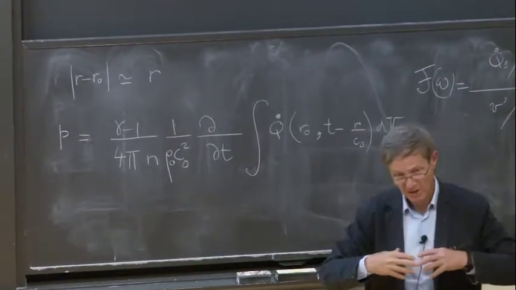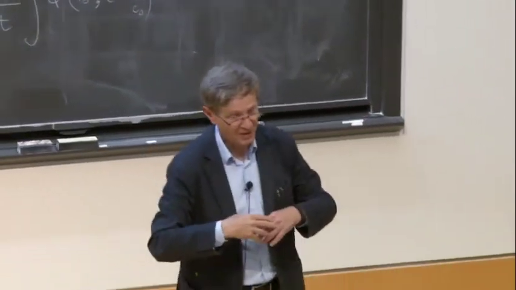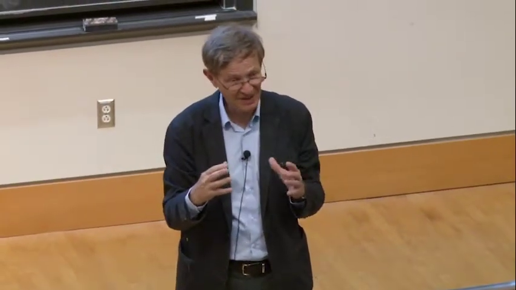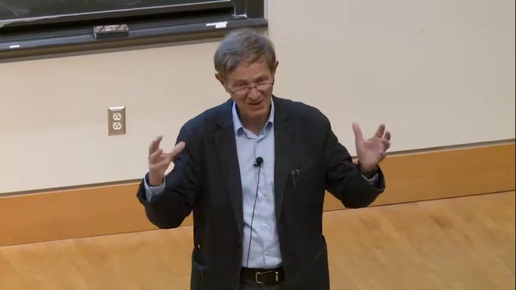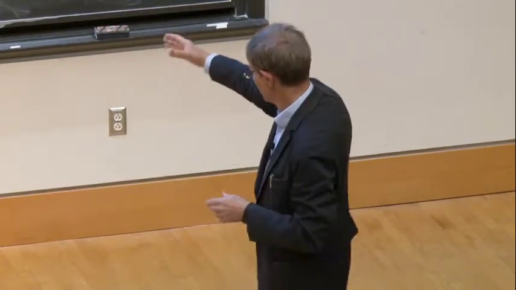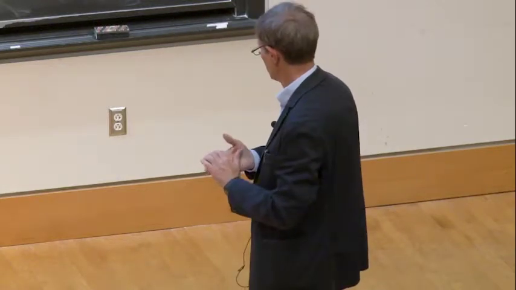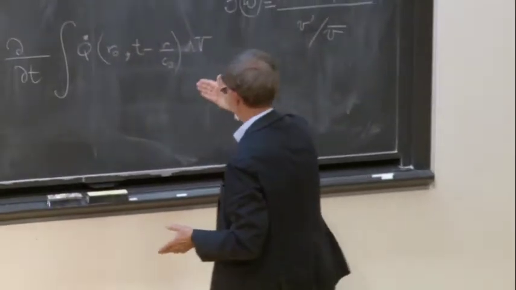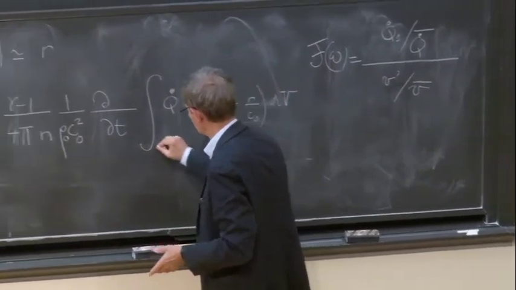It's like a monopole. It's like the pulsating sphere of the other day, but in this case, what is producing the sound is not anymore an acceleration of the surface, but it's something which is like the heat release, the integrated heat release with a delay that is producing this.